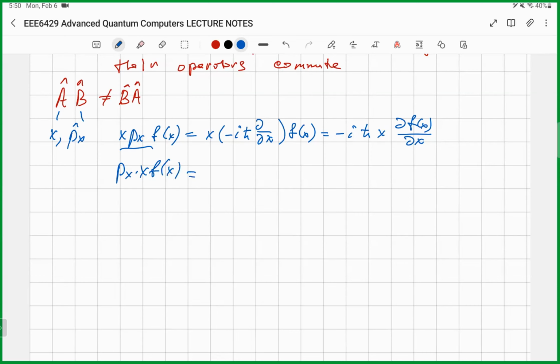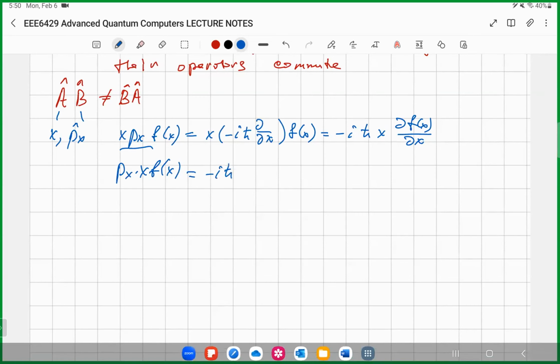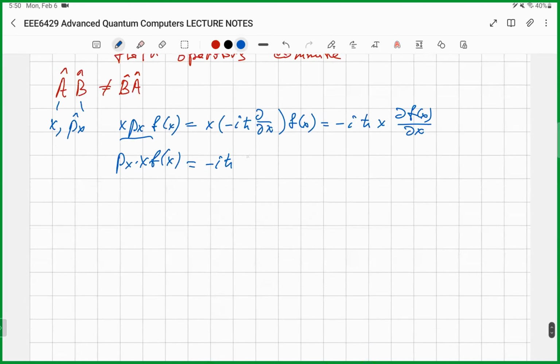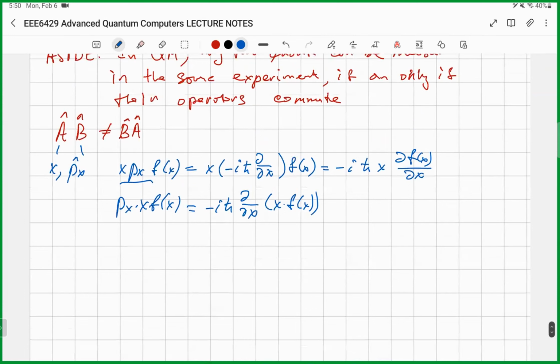In this case, it will be minus i h bar d over dx of x times f(x), because the operator x is x. Here I have to take the derivative of this product of two functions, and definitely the result will be different.